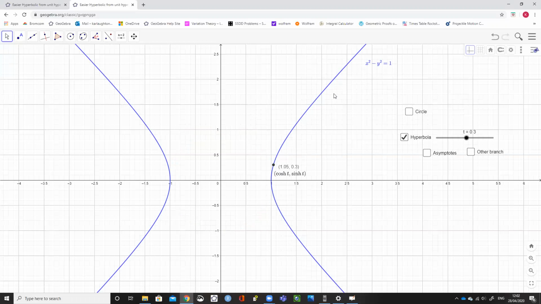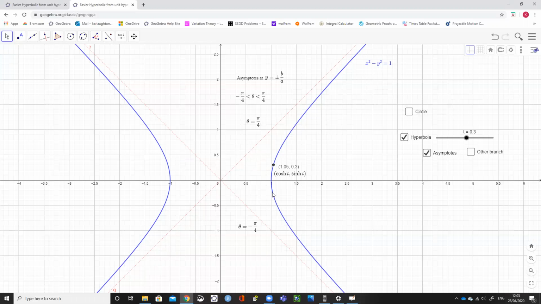You might recall a couple of key facts about its asymptotes. The asymptotes will be located at plus or minus b over a. So in this case, we've got x squared minus y squared equals 1, and so the asymptotes are theta equals pi over 4. So this angle here is pi over 4 or minus pi over 4.